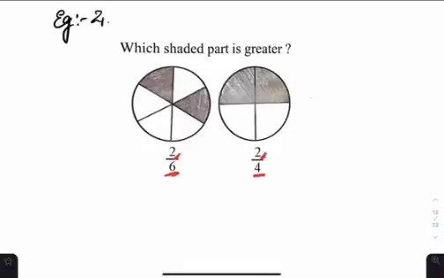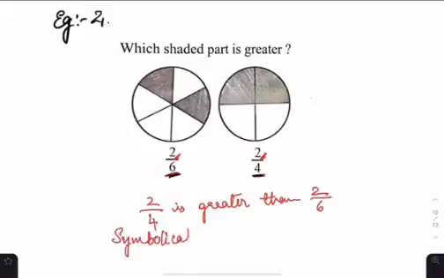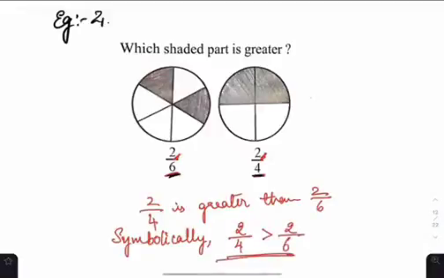This we need to find out. 2 by 4 is greater than 2 by 6. Symbolically, how do we write? 2 by 4 is greater than 2 by 6. I hope all of you have understood, children.